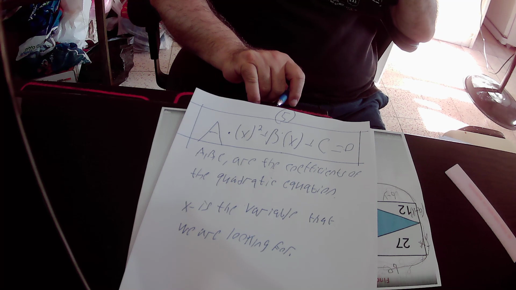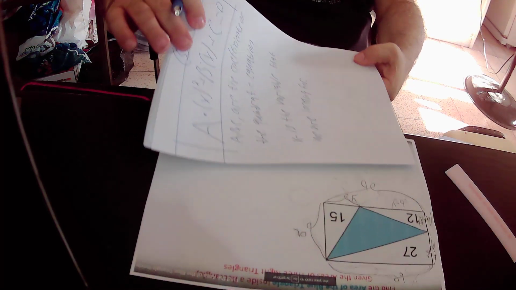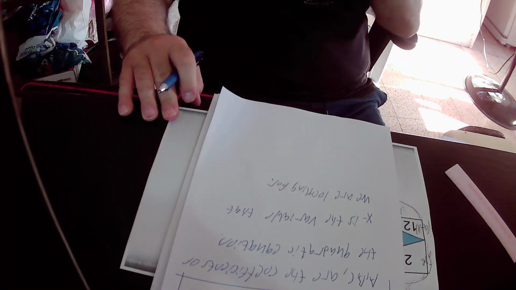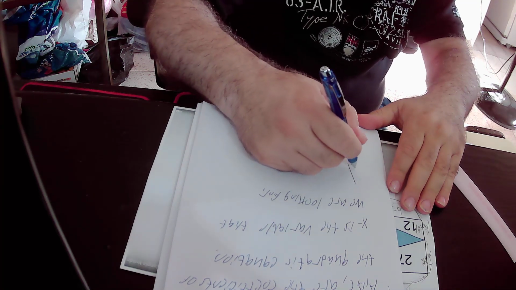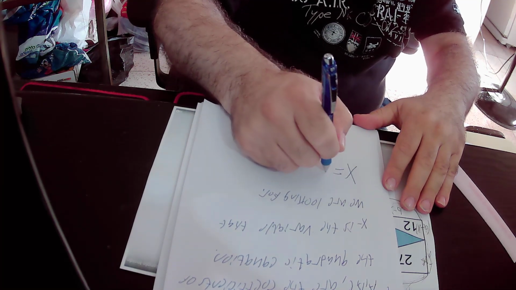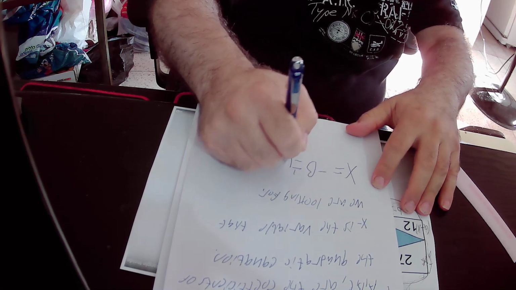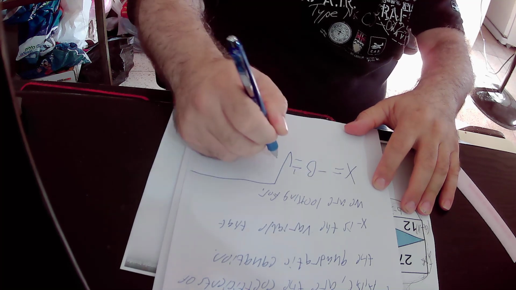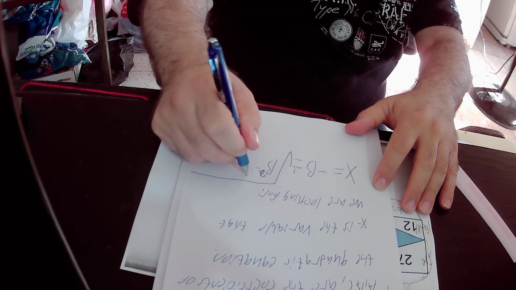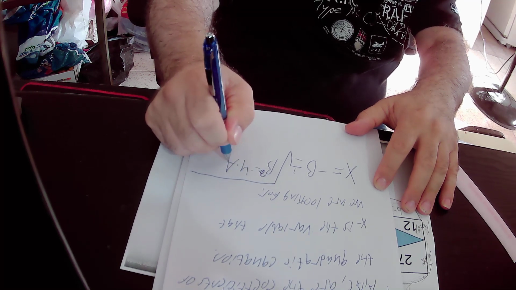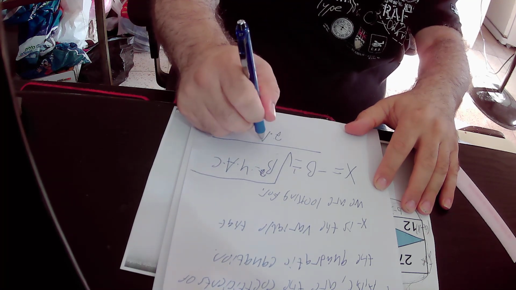So I will write down the general equation for x. X equals minus b plus minus the root of b squared minus 4 times a times c, all divided by 2a.